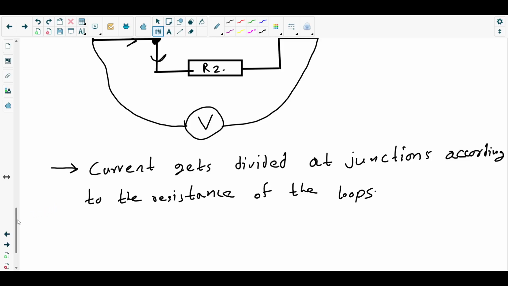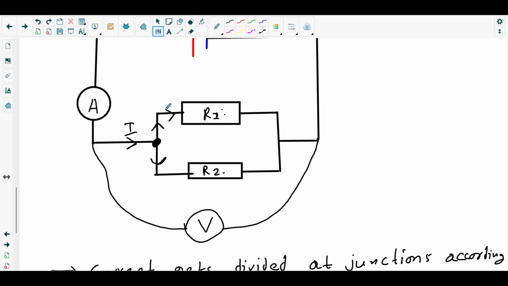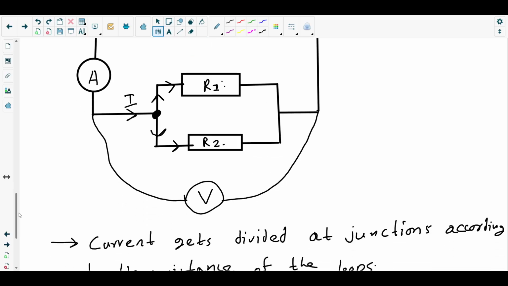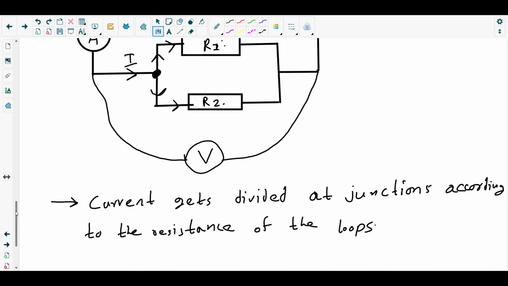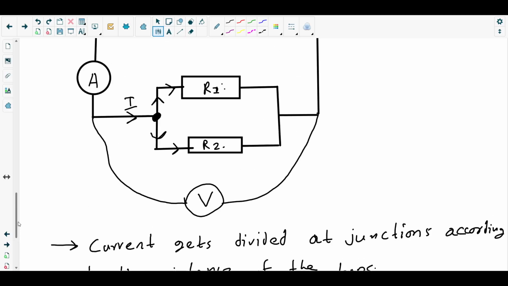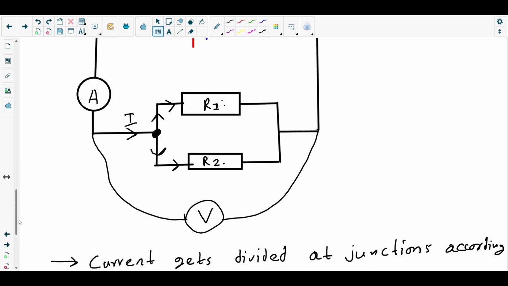So this is one loop and that one is the other loop. The loop with greater resistance will have smaller current flow. The loop with smaller resistance will have greater current flow, because the voltage in a parallel circuit is constant across the parallel junction.